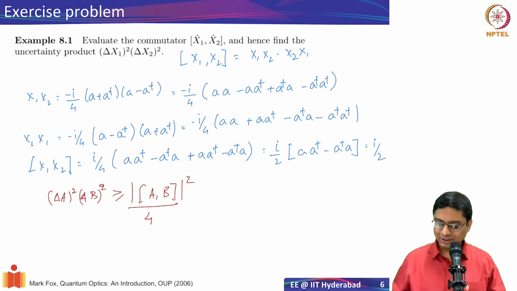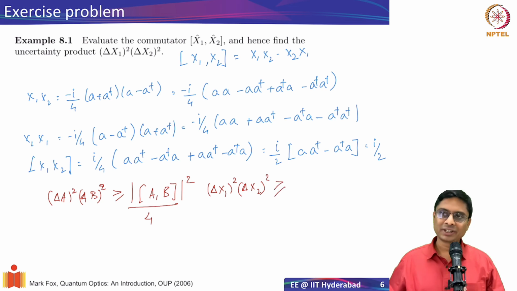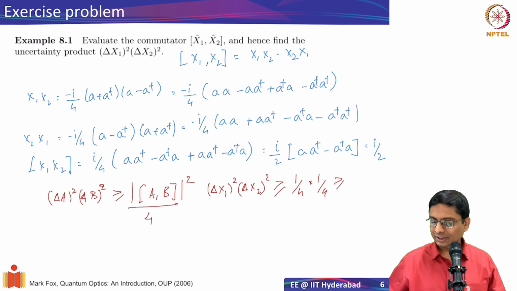If I apply this to my context here, I have delta x1 whole squared, delta x2 whole squared, greater than or equal to the commutator bracket between x1 and x2, i by 2. So i by 2 squared becomes 1/4, divided by 4, so that's greater than or equal to 1 by 16.